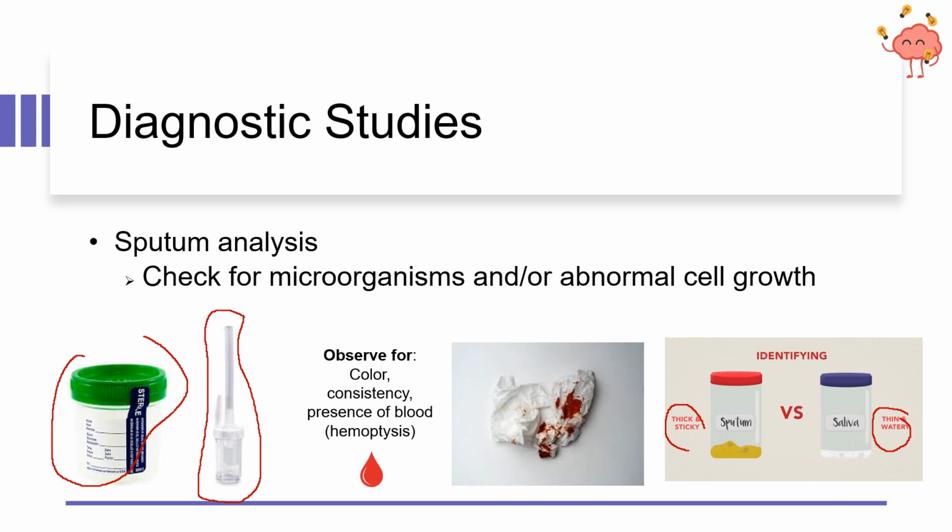If the patient did provide a sample, we want to look at it for color, consistency, and presence of blood, which is hemoptysis. So if a patient has blood in their sputum, that is reportable. We want to report that because that can mean something is not good.